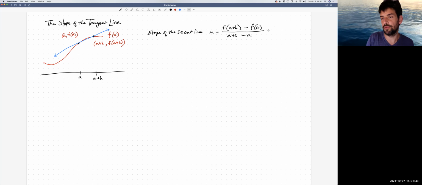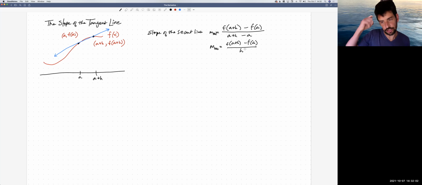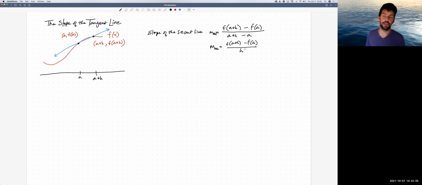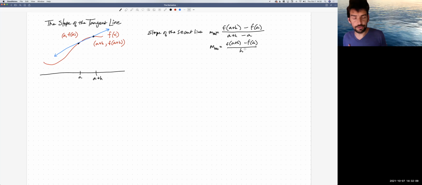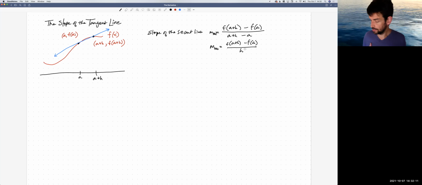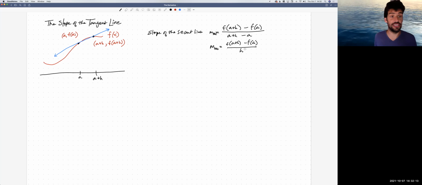All right, so in the denominator, I can cancel, and we'll get, maybe I'll write the secant line here. This is f of A plus H minus f of A all over H, because that A and the negative A in the denominator cancel, right? So this gives us a formula we call the difference quotient sometimes for the slope of the secant line, right?